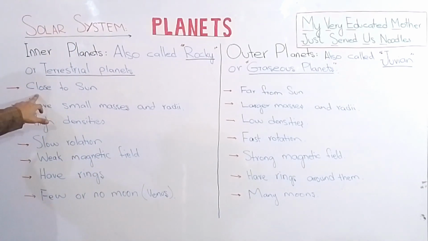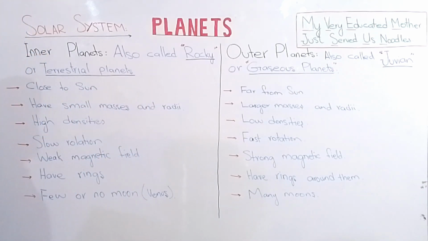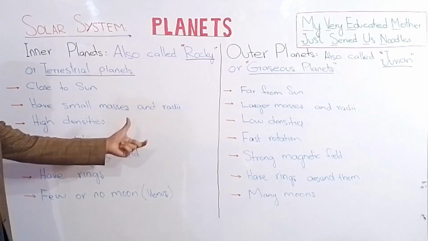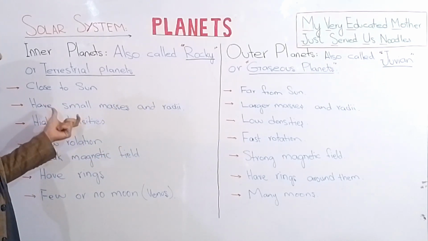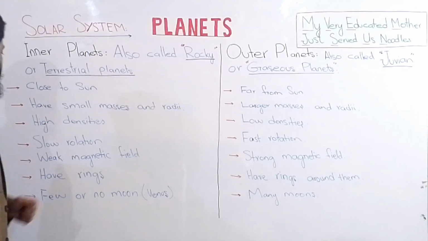The inner planets are closer to the sun as compared to the outer planets, which are far from the sun. They have small masses and radii compared to the outer planets.